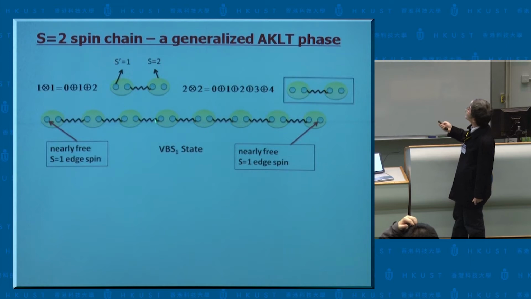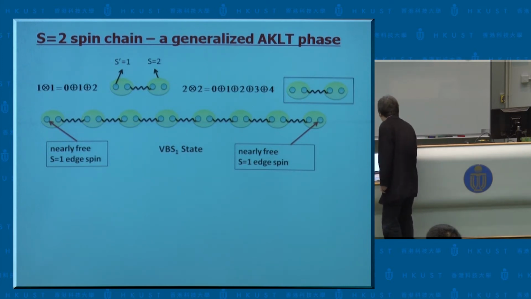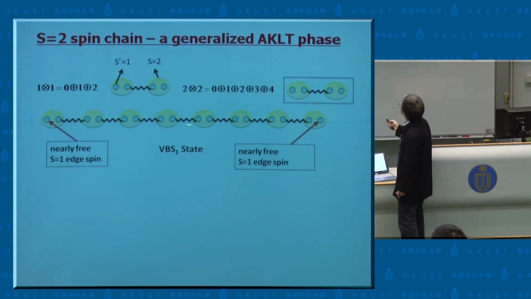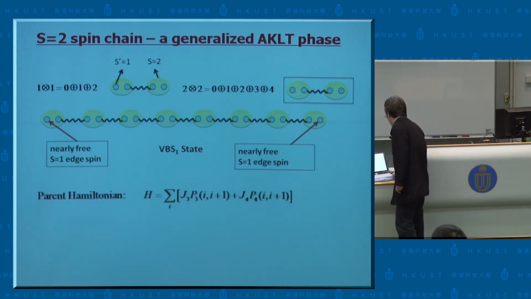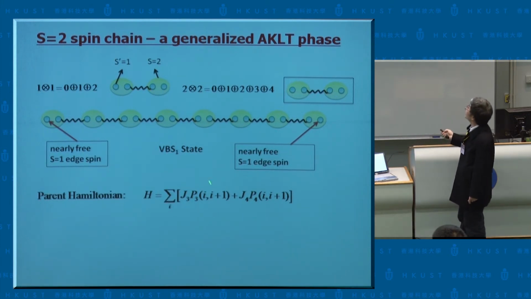So we project these two spin 1 states on a single site into a spin 2 state, and the nearest neighbor spin 1 states into a singlet state. So one can still get the generalized valence bond solid state, and also write down the parent Hamiltonian, expressed in terms of P3 and P4.